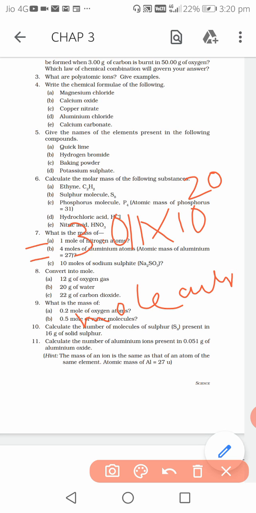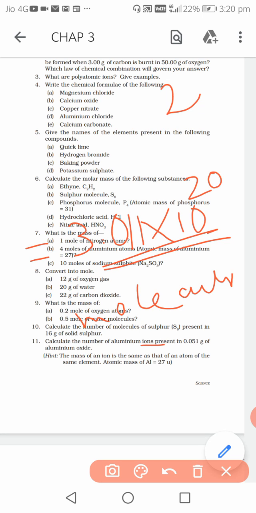Okay, but here you are asked to find out how many ions are present. In the very beginning I told you that one molecule gives us 2 ions. So this many molecules will give us how many ions? 2 into this value.